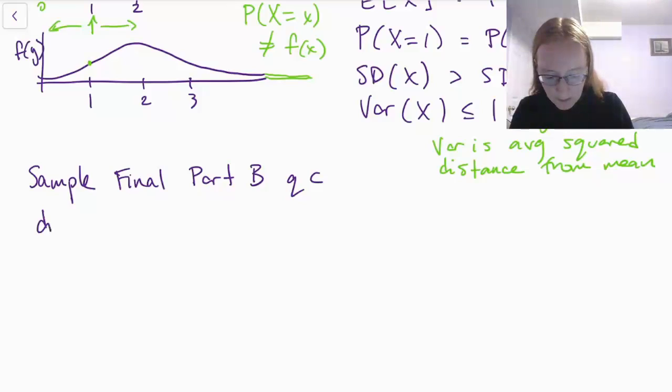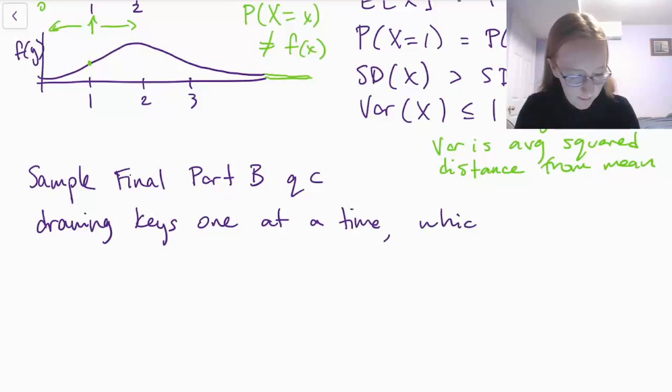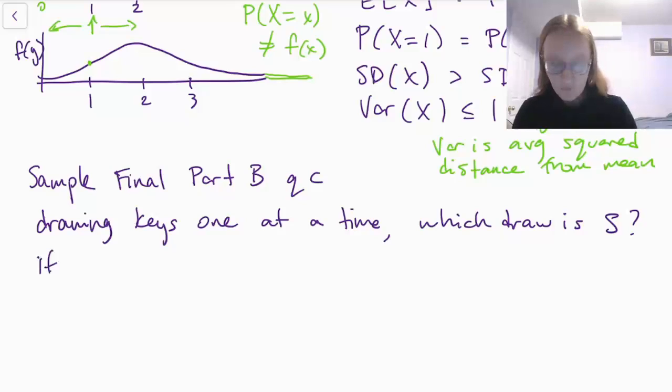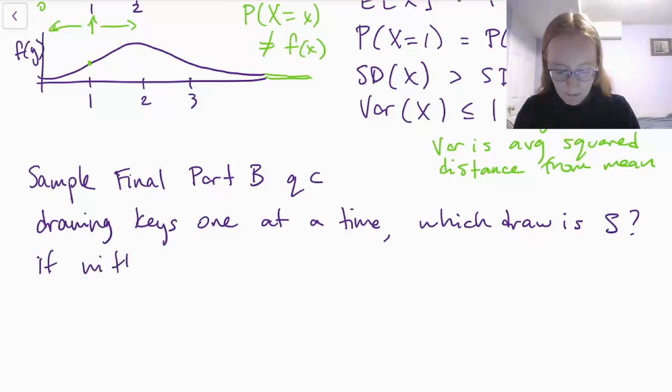So I'll just try to write: drawing keys one at a time, which draw is success. So again, if the draws were under the same conditions with replacement, then it would be geometric.